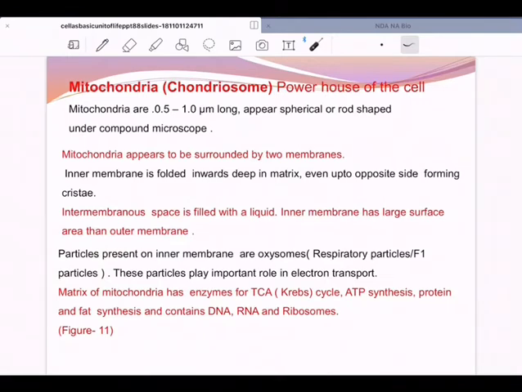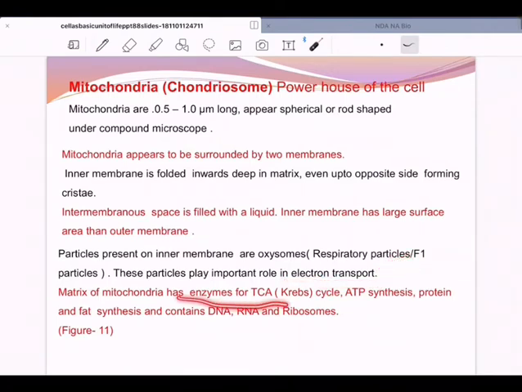These particles play an important role in what is called electron transport, which we will study in plant physiology in detail: how the electrons pass from one source to another, how energy is released during this passage, what is the fate of ATP, and how finally the cell gets energy. All that we will discuss in electron transport.